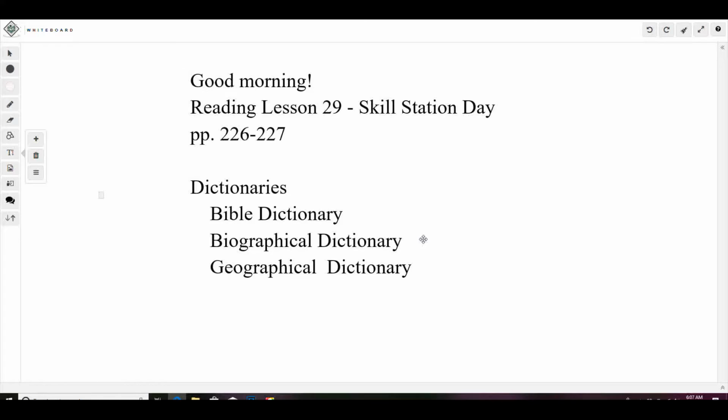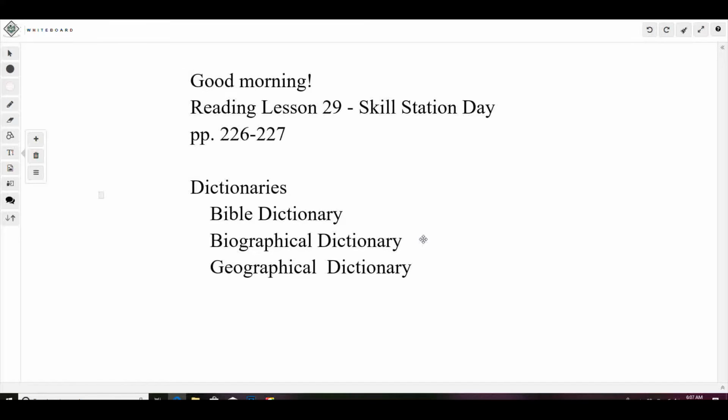That's called the pronunciation, right next to the word, and then it gives a definition of that or tells who it was. A native of Egypt, servant of Abraham, and then it gives references where you can find that information in the Bible, and a handmaid of Sarah in Genesis 16:1.